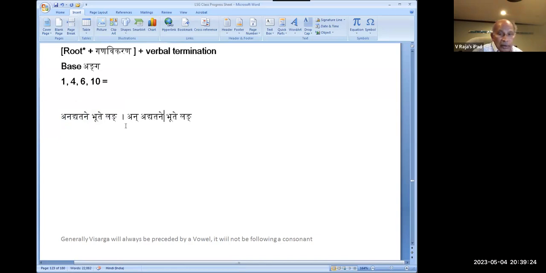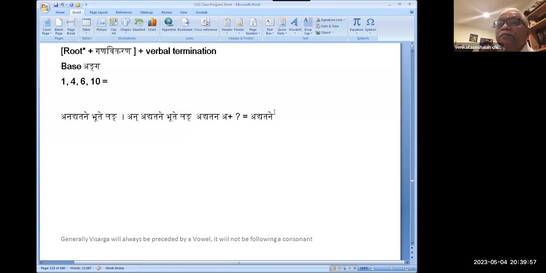And the adyatane, what is the vibhakti? Look at Saptami Ekavachanam, we are adding E. If you take adyatana plus, you have to know what you are adding to get adyatane. It ends with a, and you have to add e or long e.